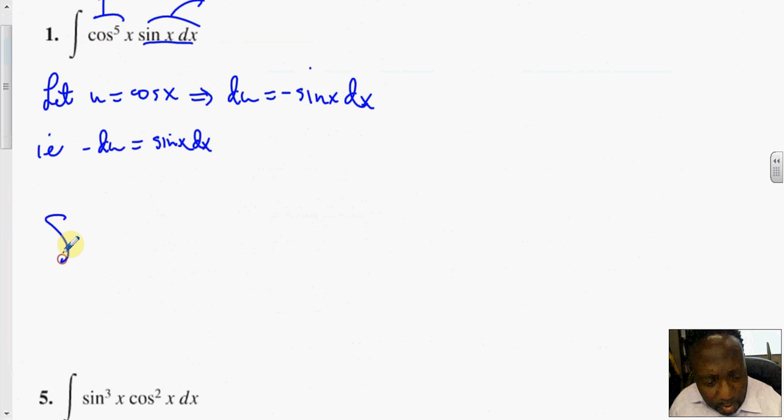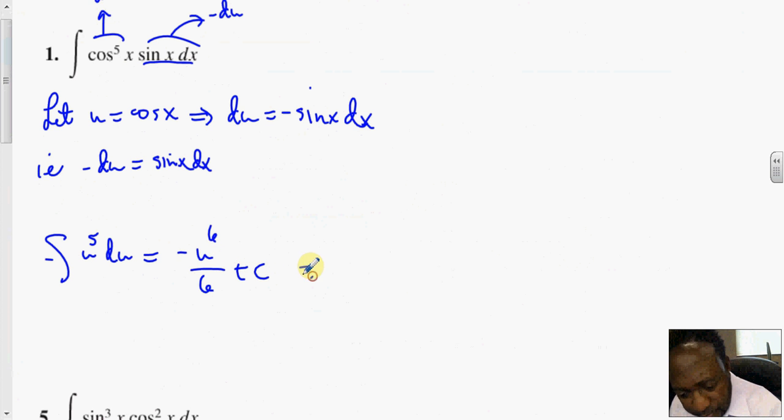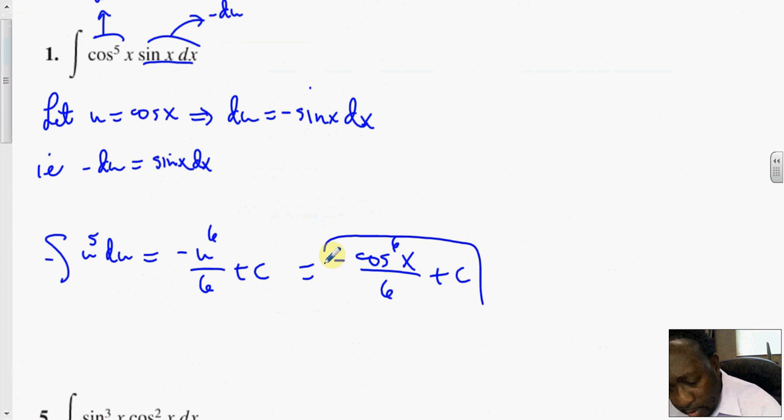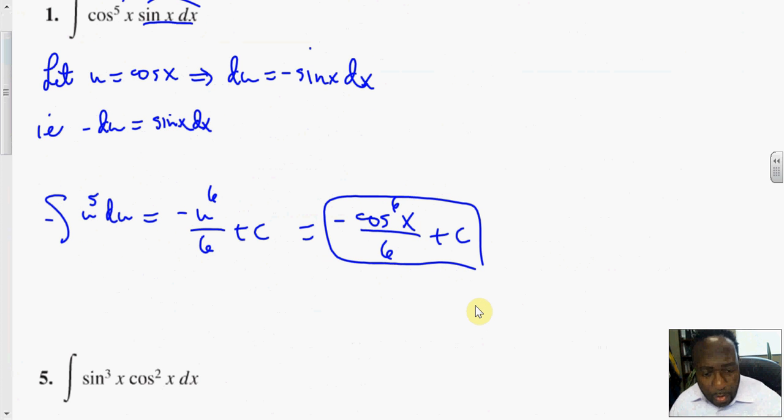That being the case, we have the integral of u to the 5th times negative du. And so this is negative u to the 6th over 6 plus c. This is negative cosine to the 6th x all over 6 plus c. So that was pretty neat, where we didn't have to go about using the process that's in this section.